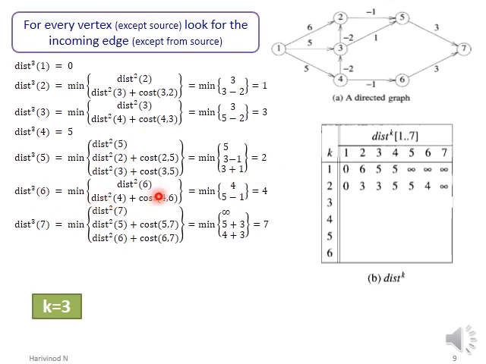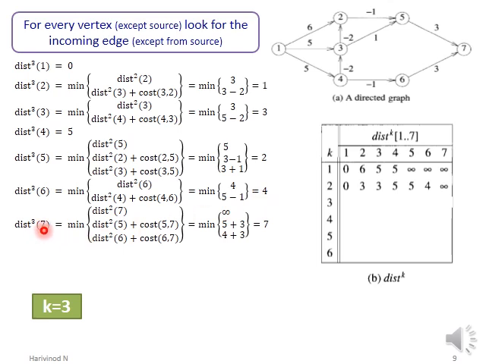Node 6 has 1 incoming edge. The earlier value is 4. Now the earlier value of vertex 4 is 5, and 5 minus 1 is 4.